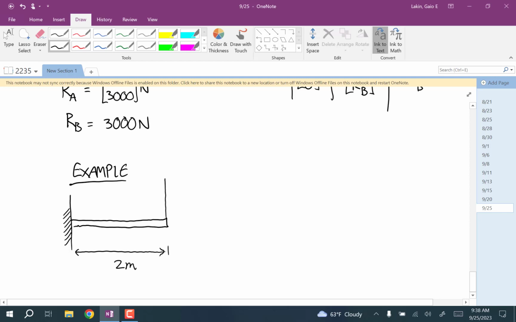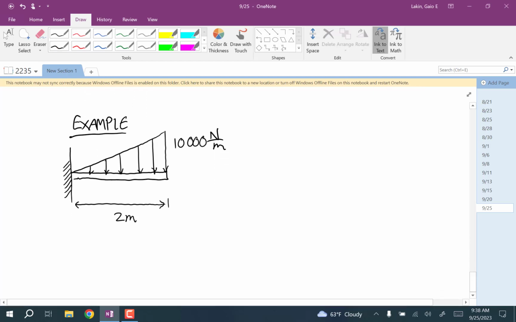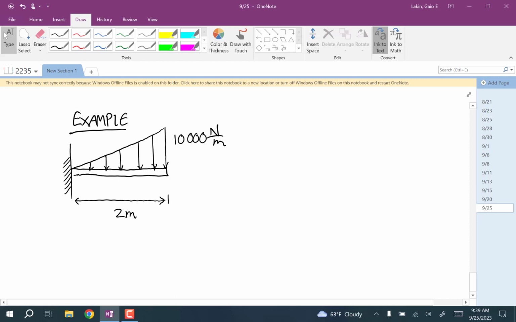And the distributed load has a triangular shape, with a maximum of 10,000 newtons per meter. And we want to know what are the reaction loads at the wall.